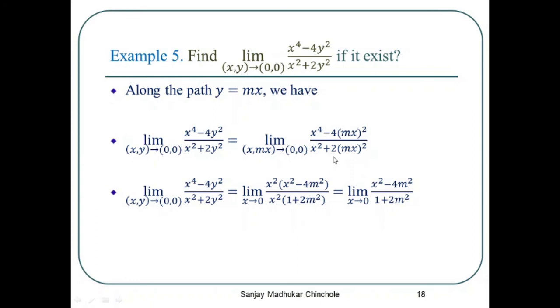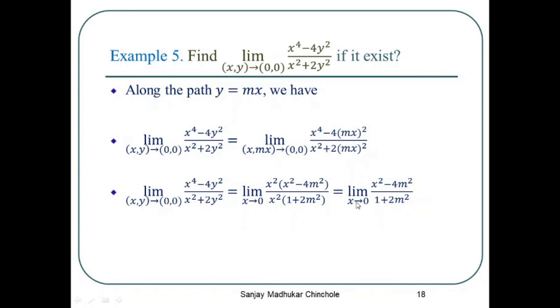Similarly, at the denominator, we will get x square plus 2 times m square x square, and again if we take x square common from the two terms of the denominator, we will get x square into bracket 1 plus 2m square. Again, x tends to 0 means x is not equal to 0, and hence we can cancel the factor x square from numerator and denominator. Therefore, this reduces to limit x tends to 0, x square minus 4m square upon 1 plus 2m square.